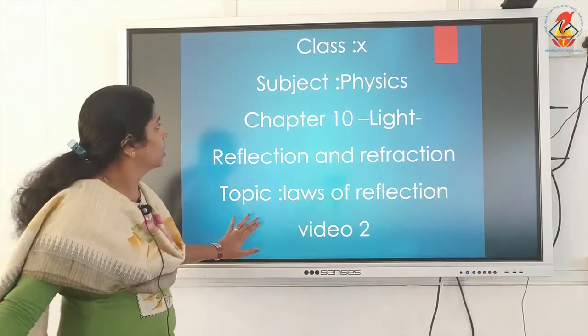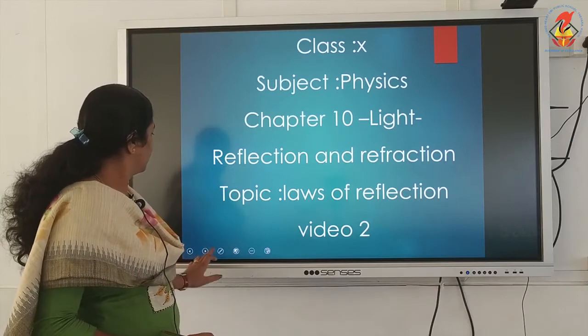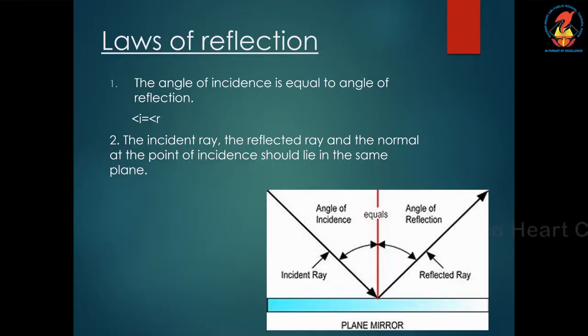So the first one: angle of incidence is equal to the angle of reflection. Normally angle of incidence is represented by the small letter i, and angle of reflection by the small letter r.